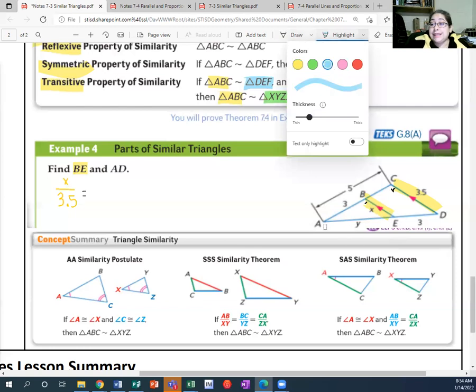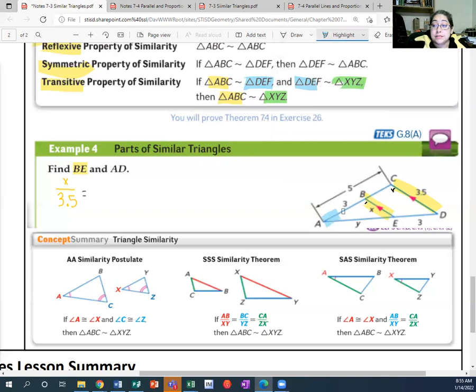And now I need to write some other sides that's helpful to me. If I look at the side here between A and E, that's not helpful right now because there's another variable in there, Y. That doesn't help. So I'm going to look at the side between A and B. That side from A to B corresponds to the side A to C on the big triangle. And I have lengths for both of those, and I don't have any variables on those.